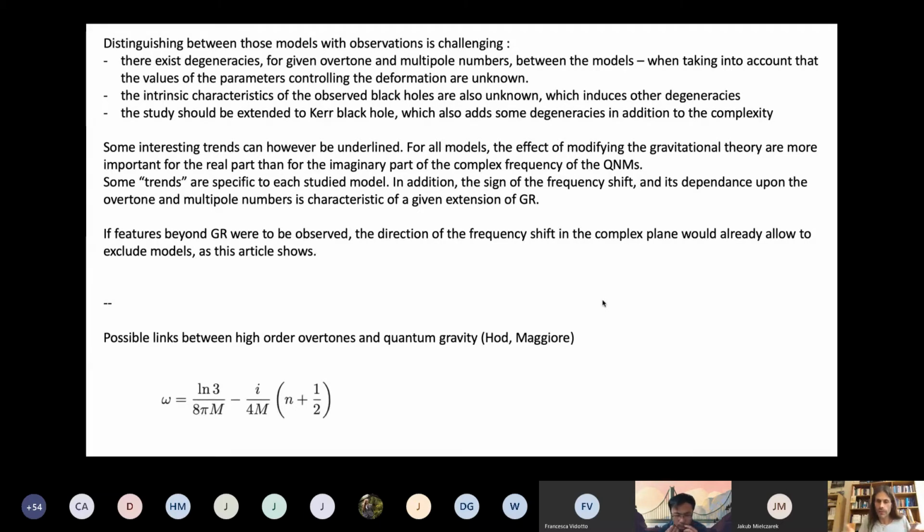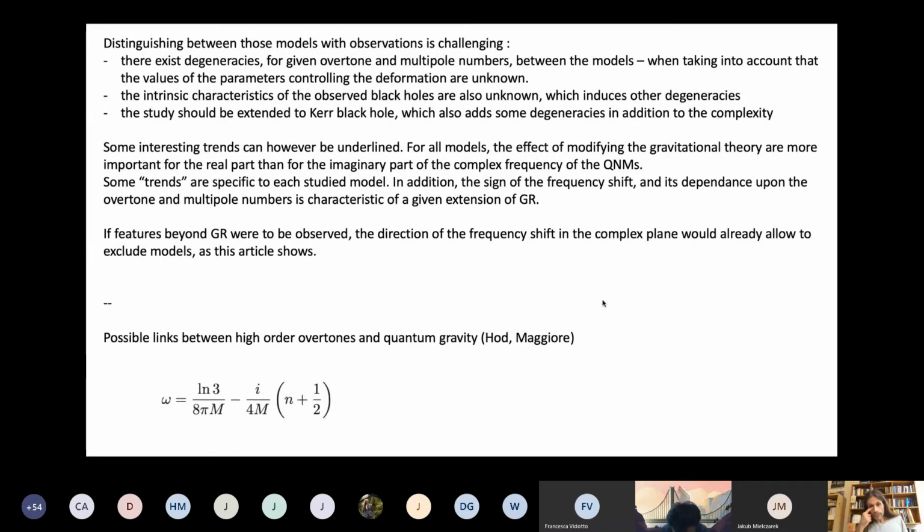I mean, of course, it's not a theorem, but when considering the models that are much discussed now, it seems to be true. So if features beyond GR were to be observed in the future, the direction of the frequency shift in the complex plane would probably allow to exclude several models. This is what we have shown.